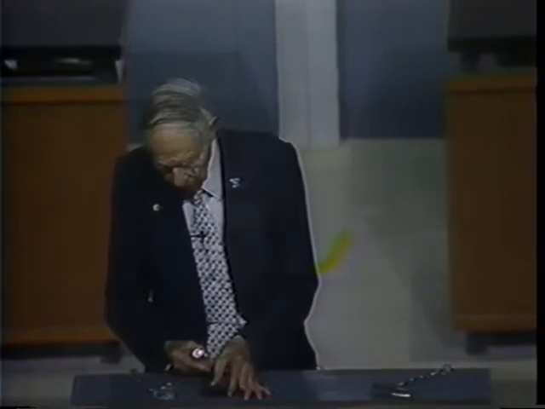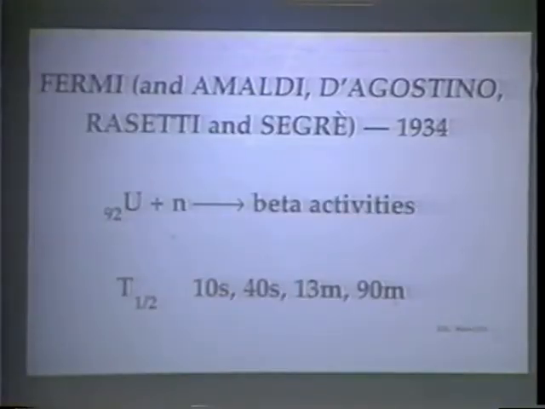So on that basis, experiments were done in Italy in 1934 by Fermi and co-workers, and they thought they had produced, by bombarding uranium with neutrons, these elements with the higher atomic numbers, transuranium elements. For example, the 13-minute activity seemed to be chemically like rhenium, ekarhenium.